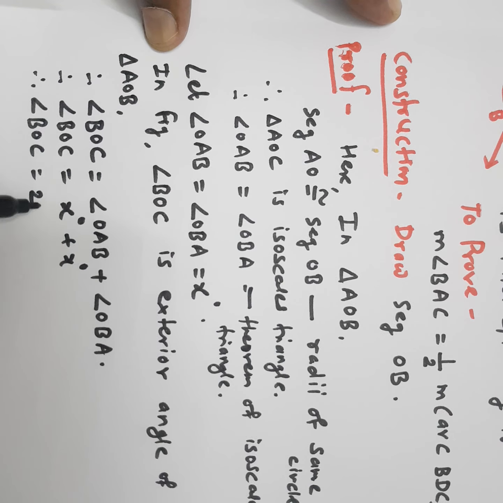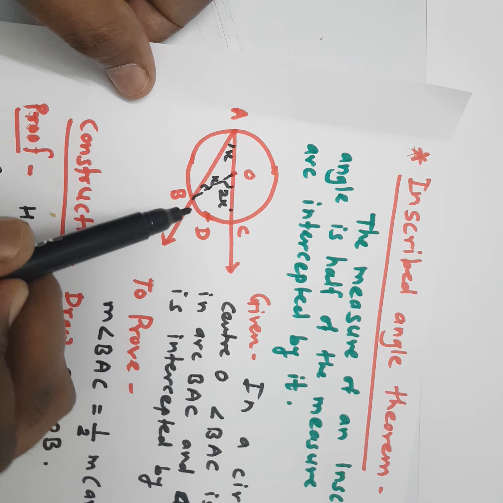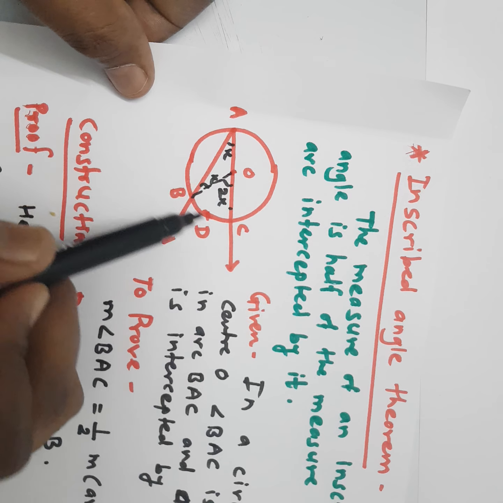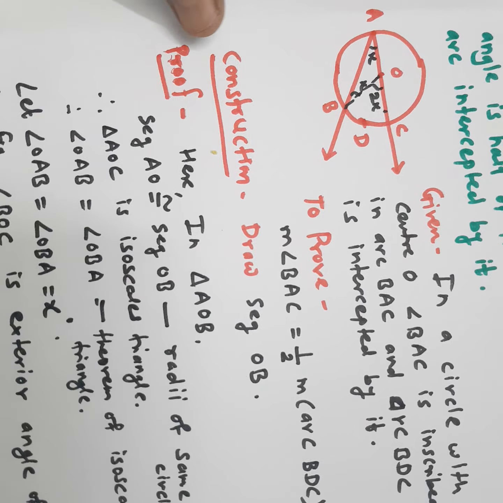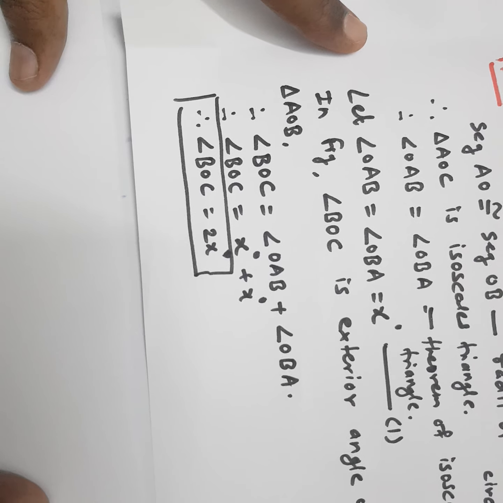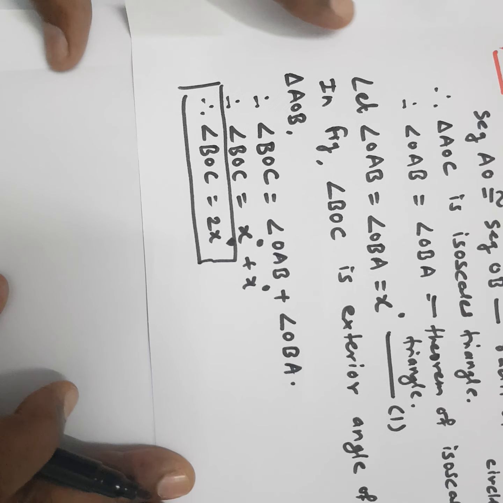As angle BOC is 2x degree, this angle BOC is the central angle of arc BDC. Therefore, arc BDC is equal to 2x degree. Here, first we will give number one to this equation: angle OAB is equal to angle OBA is equal to x.